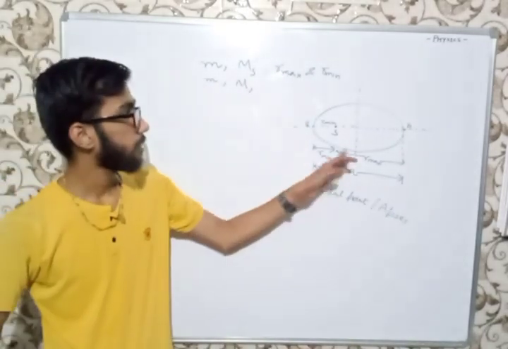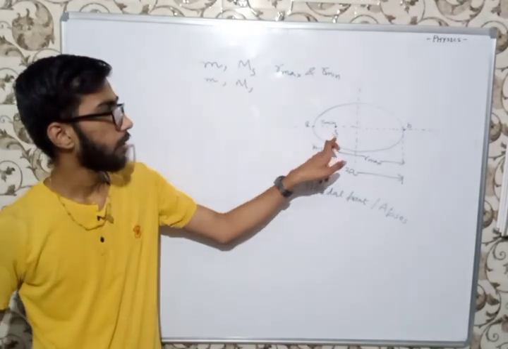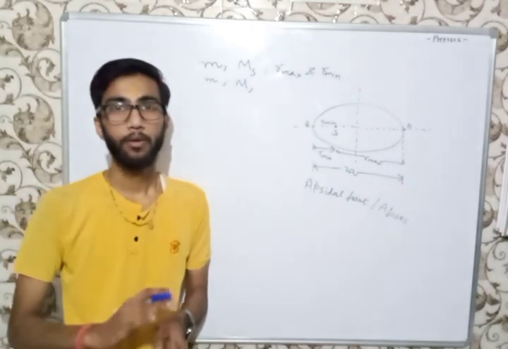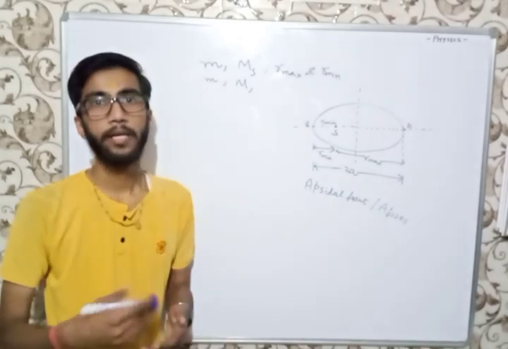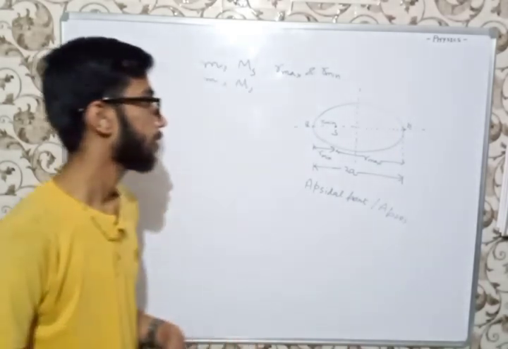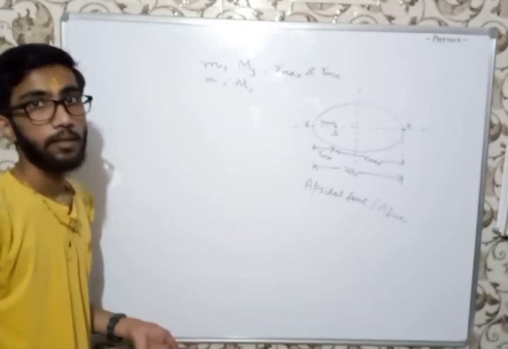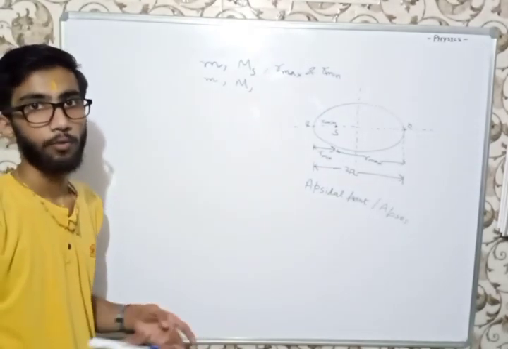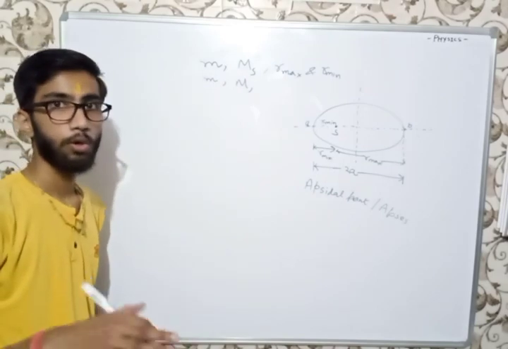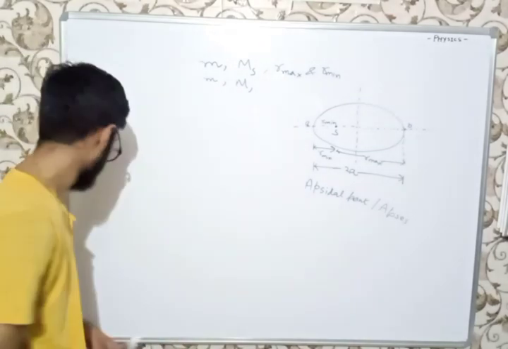The points at which the distance of the planet is maximum and minimum are called apogee and perigee, or aphelion point and perihelion point. So someone can ask for the distance of the aphelion point and the perihelion point from the sun. So you should also know these terms as well.